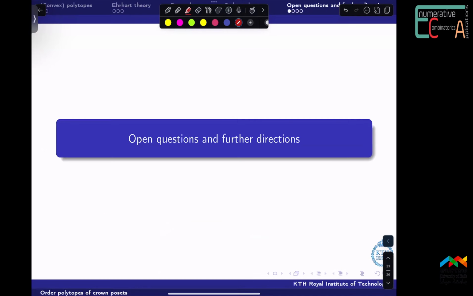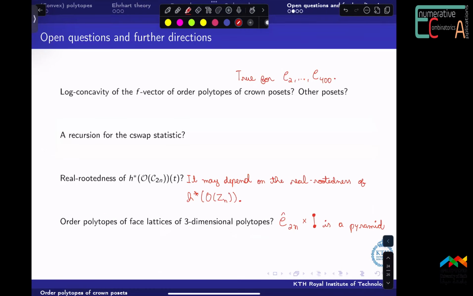What else do we have in our paper, and what are the questions left? We were able to compute explicitly the f-vector of order polytopes of crown posets, and using a computer, we verified that for n at most 200, this f-vector is log-concave. The formula is not so friendly, so we couldn't prove this.